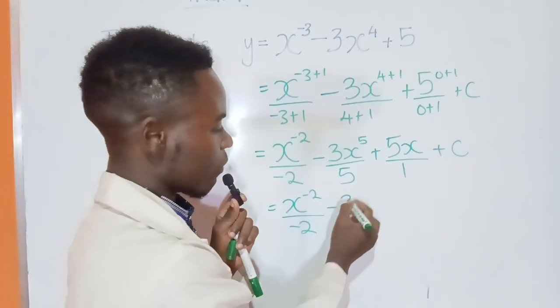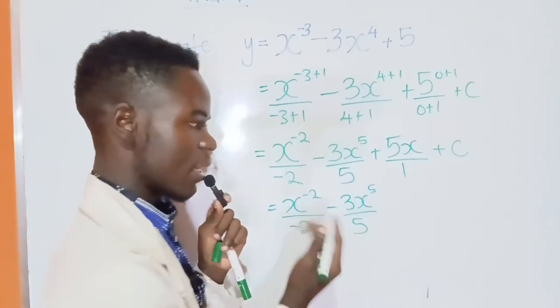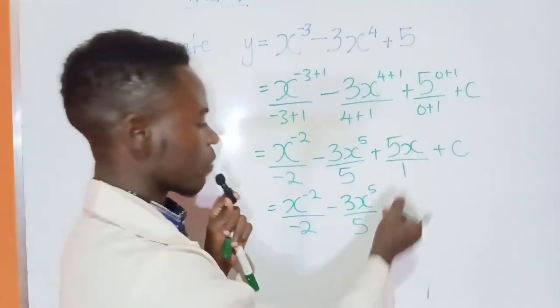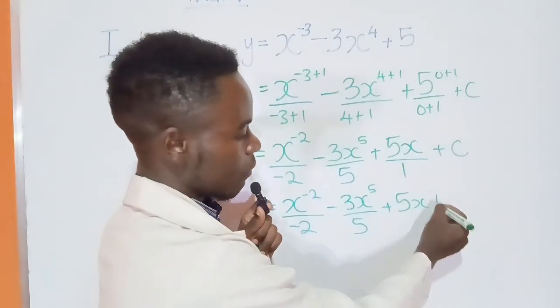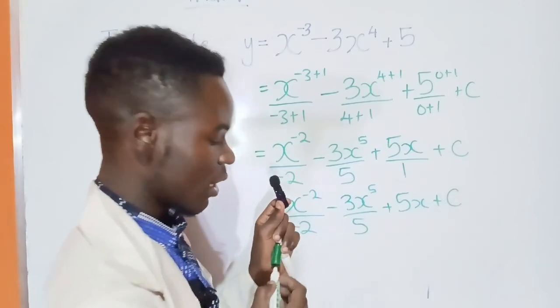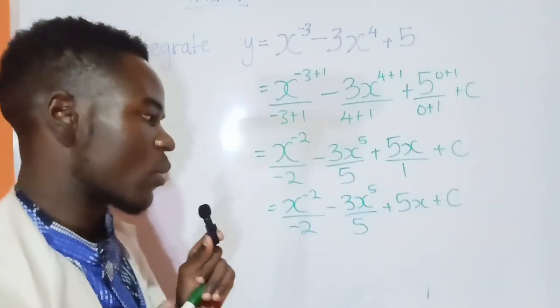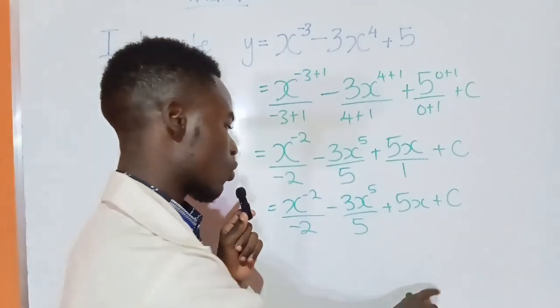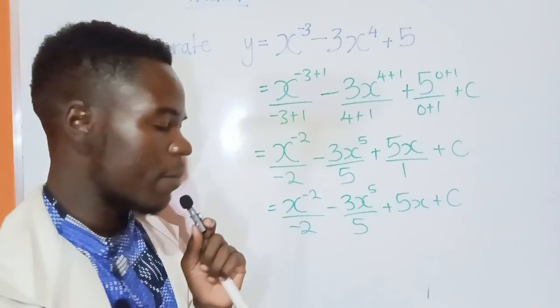So we are going to have 3x to the power 5 over 5. Then 1 can go into 5, so we write 5x. Then plus c. Don't leave out the c. Once you leave out the c, it simply means that you can be marked wrong. You can lose the 2 marks for leaving out the c.